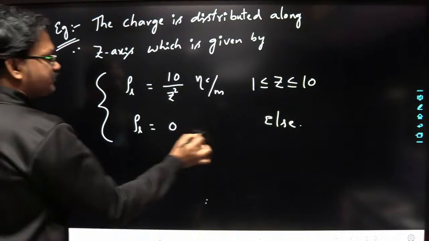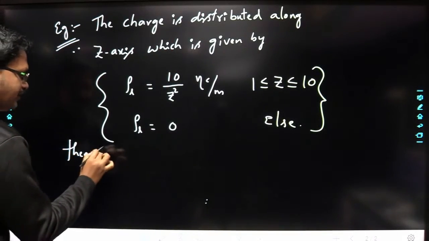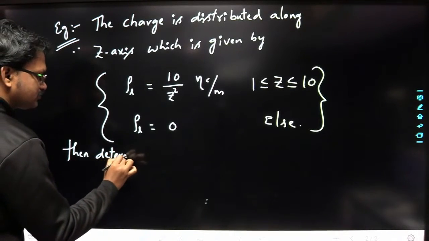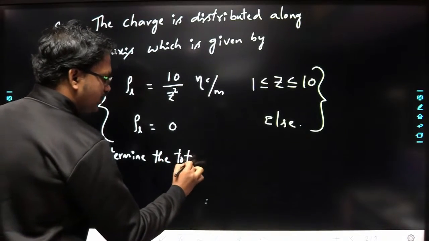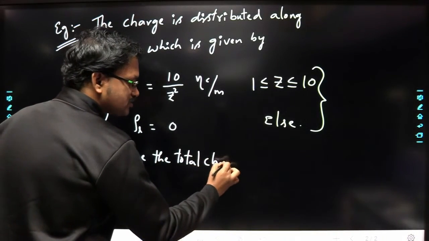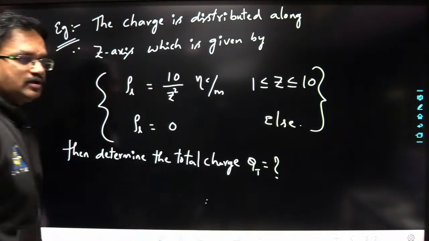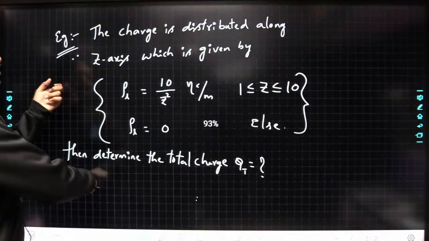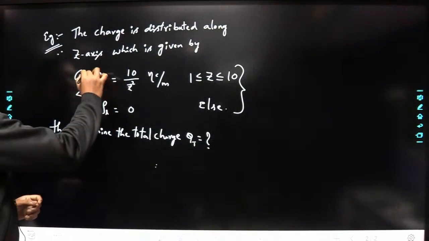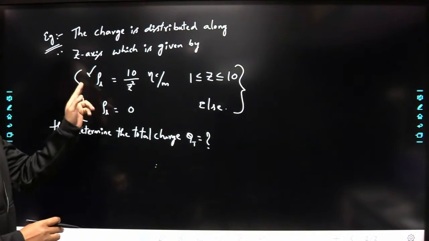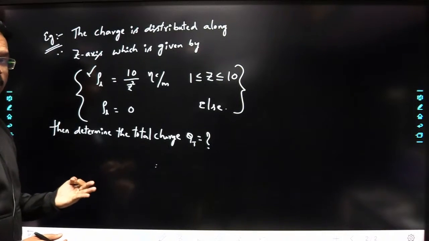Then determine the total charge. Understood? So they have given that the charge is distributed along the z axis, and the charge distribution is given as rho L is equal to 10 by z square nanocoulomb per meter.